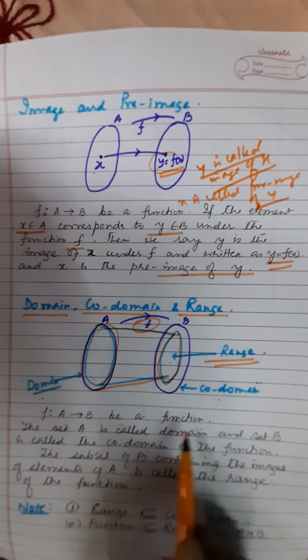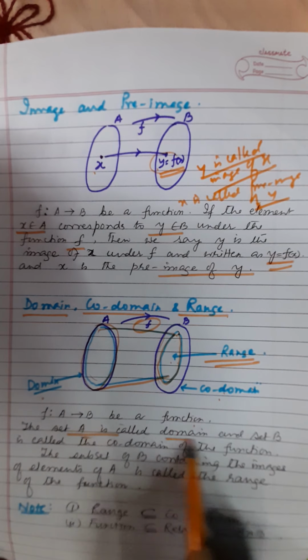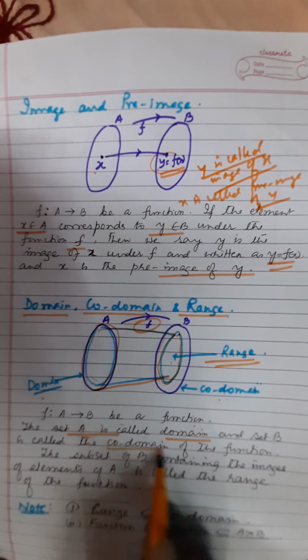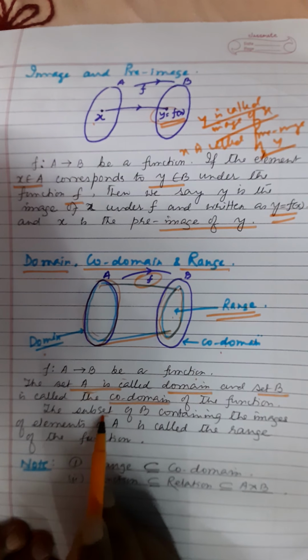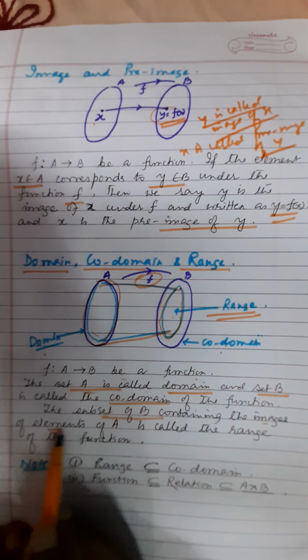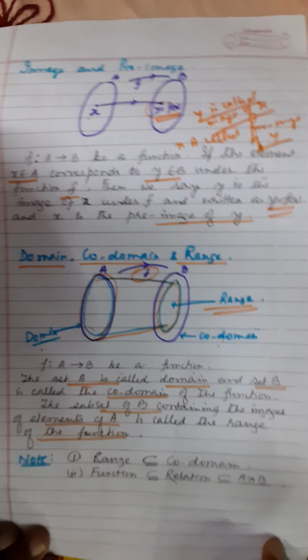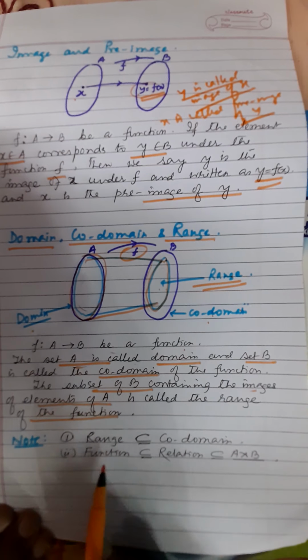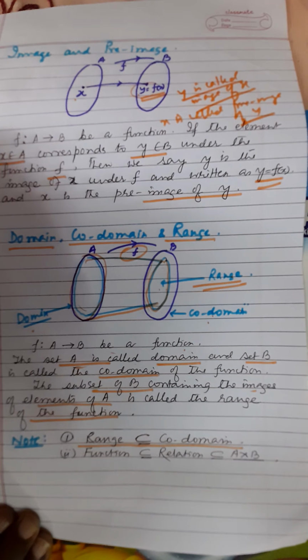So f: A to B is a function. The set A is called the domain and set B is called the codomain. The subset of B containing the image elements of A is called the range of the function. So note here, range is a subset of codomain.